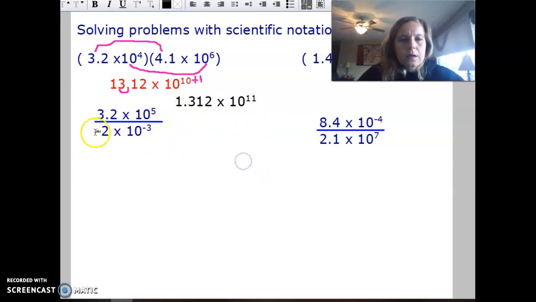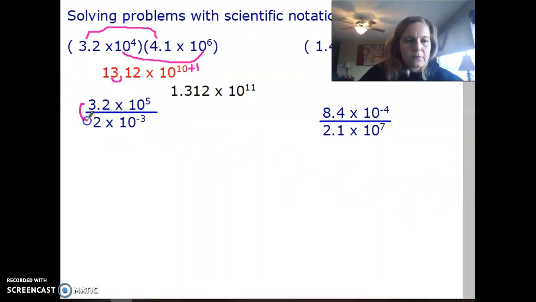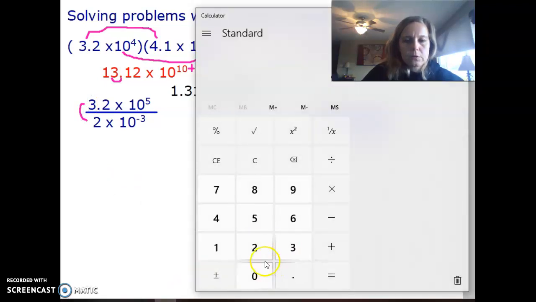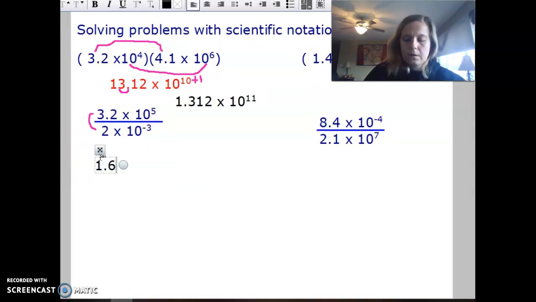Okay? Now, on a division problem here, you guys, you're going to do the same concept, except instead of multiplying, we divide. So again, when we look at problems like this, we are going to divide 3.2 divided by 2, and we get 1.6 times 10.